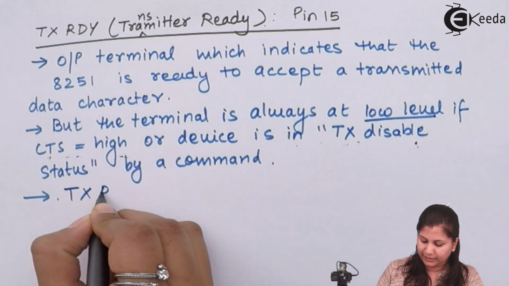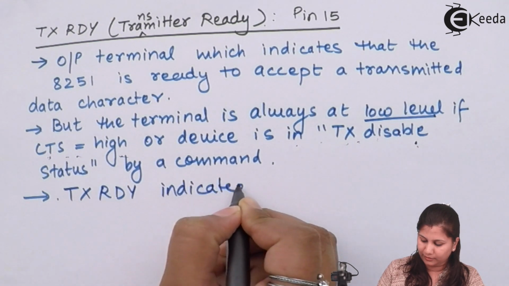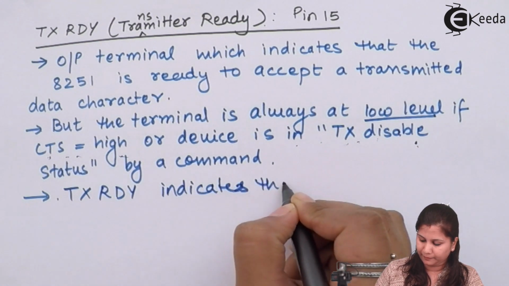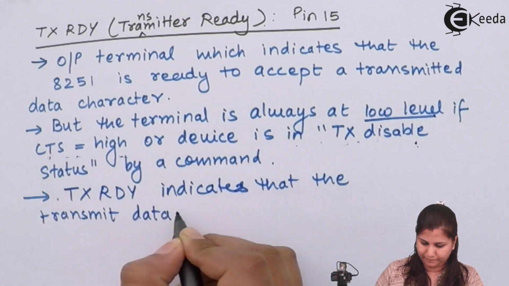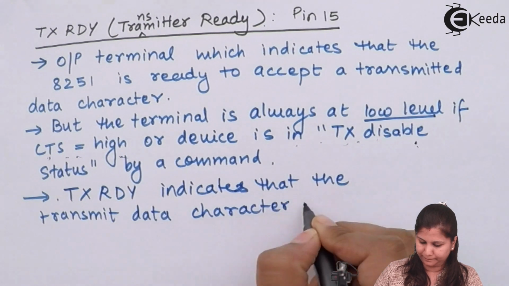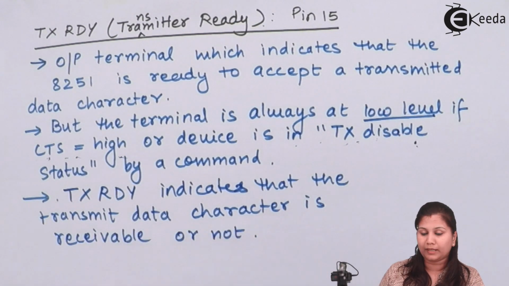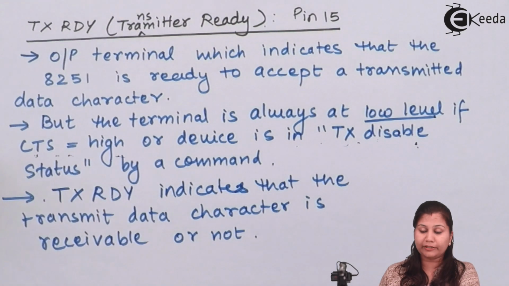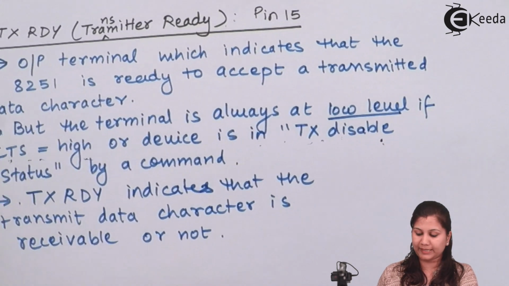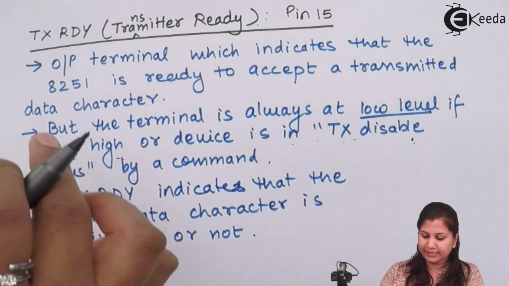So we can say that TX ready indicates whether the data is receivable or not.